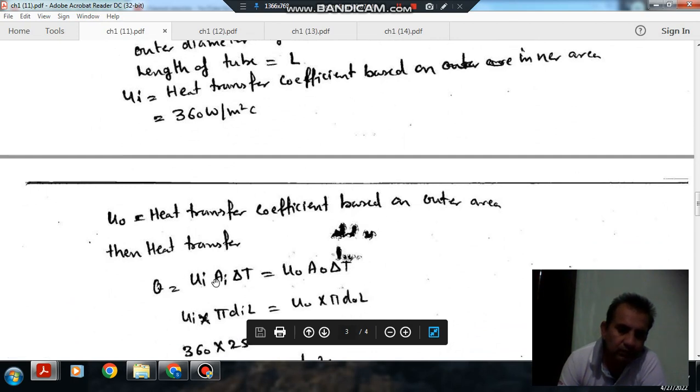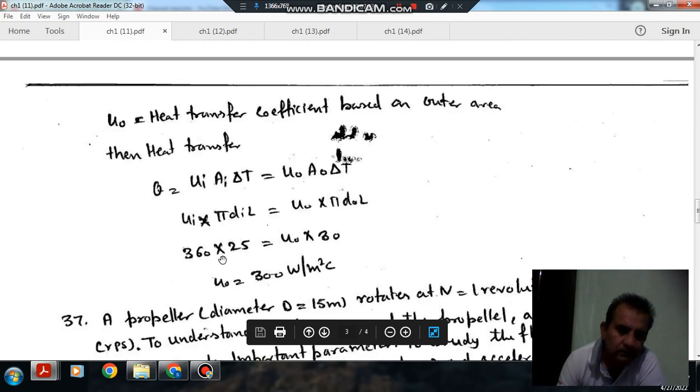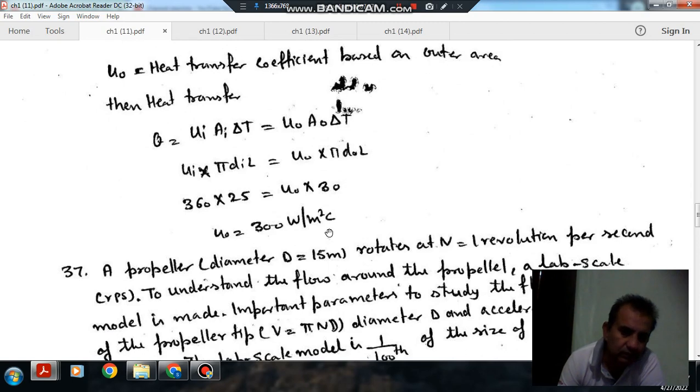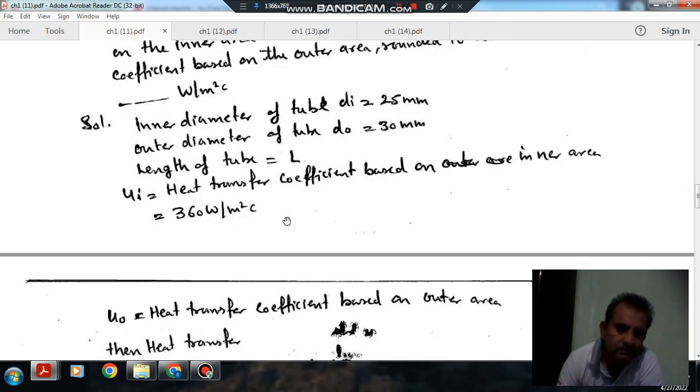So heat transfer is Ui Ai delta T, and if we consider outer part, then it is Uo Ao delta T. So delta T will cancel out, and inner area is pi di L, and outer area is pi do L. So this is 360 into 25, and this is Uo into 30, that is Uo is equal to 300 watt per meter square per degree Celsius.